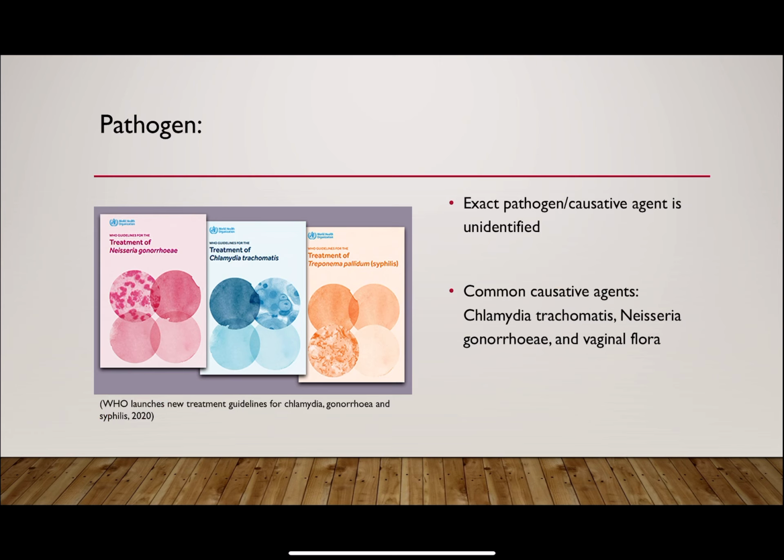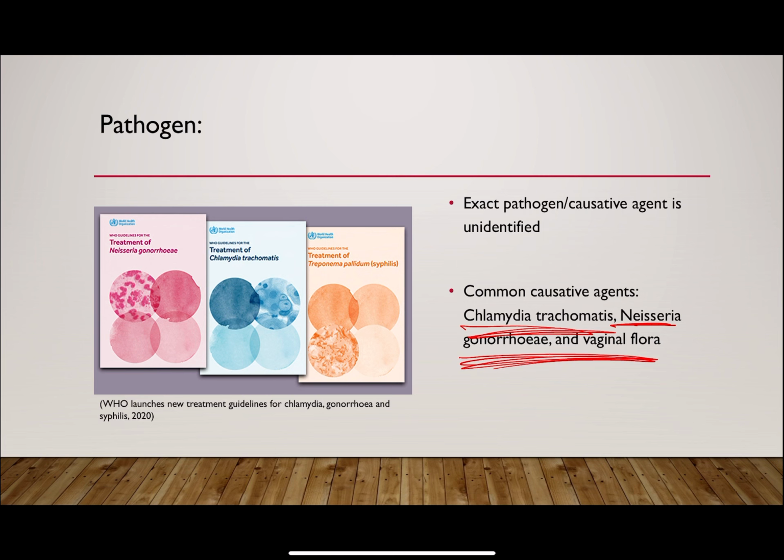These agents are Chlamydia trachomatis, Neisseria gonorrhoeae, and an imbalance of the natural vaginal flora. There seems to be a fluctuation in how it affects individuals, and it seems to be on a case-to-case basis. But through my research, these are the main ones I found linked to PID.